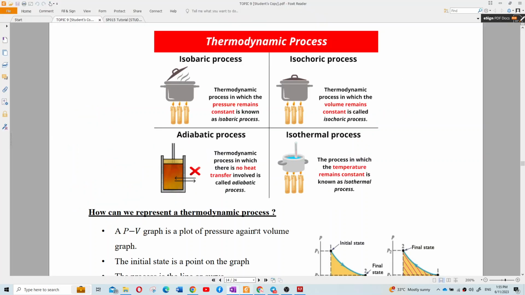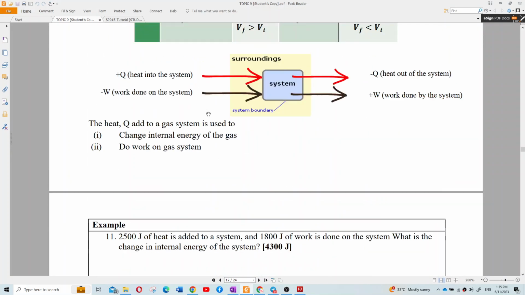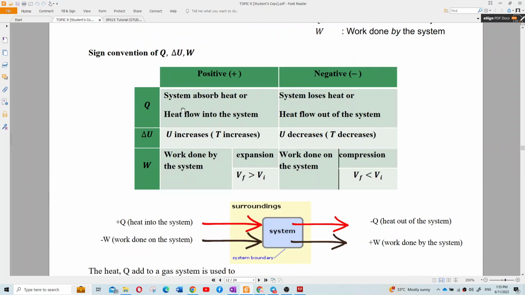Remember we talked about internal energy, delta U. For delta U to have a value, you must have change of temperature. Temperature decrease means delta U negative. Temperature increase means delta U positive.